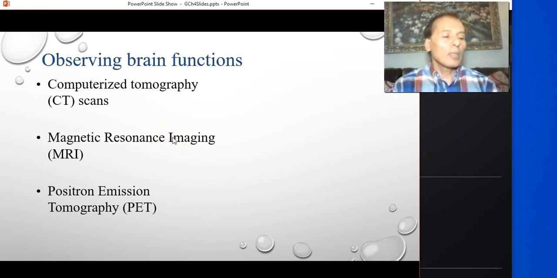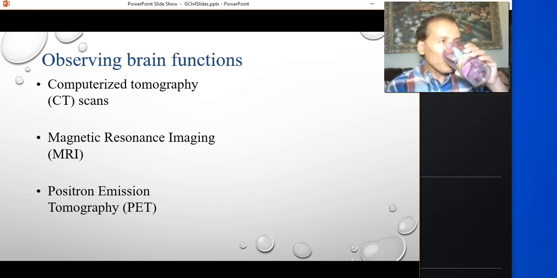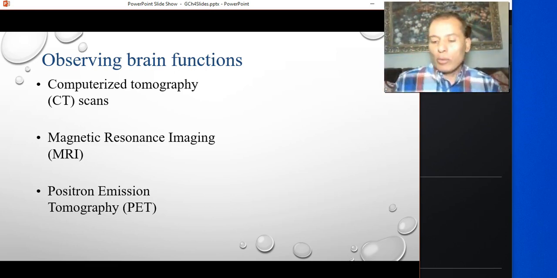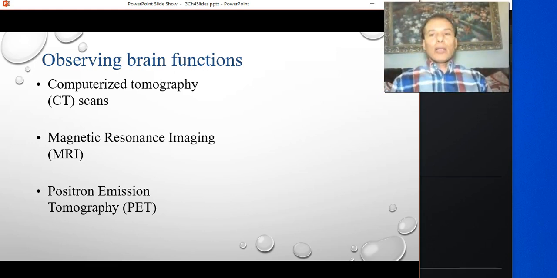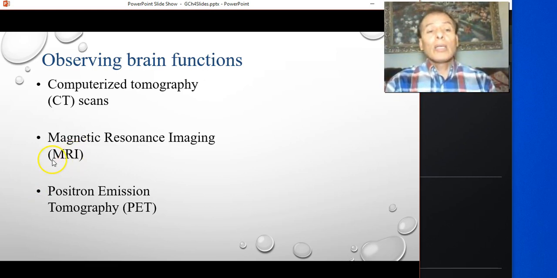We have different mechanisms. Technology has, of course, advanced significantly, and we are able to study brain structures and functions using, for example, CT scans, MRIs, PET scans, and more importantly, there is a kind of scanning called fMRI, functional magnetic resonance imaging.